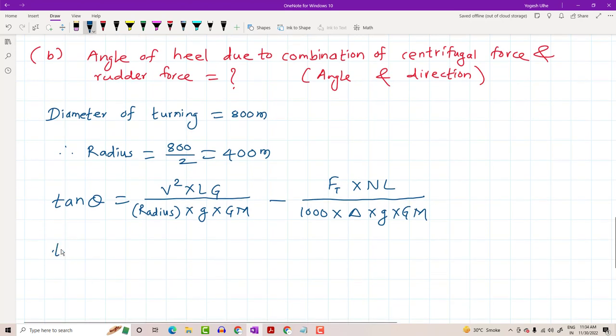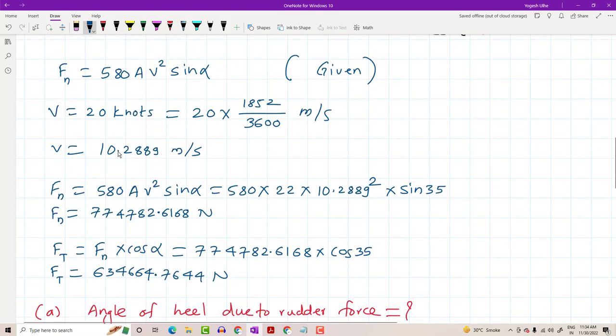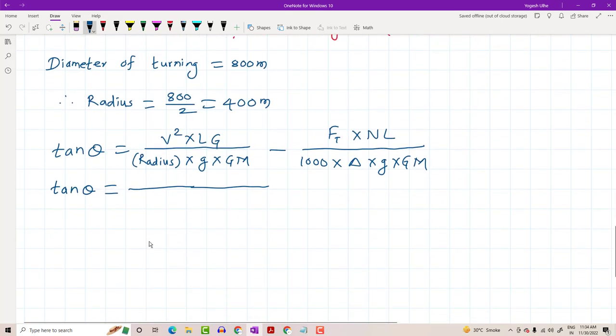Now I am going to put all the values here and then we will do the calculation. So tan theta will be equal to V square. How much V do we have? 10.2889, so 10.2889 square.